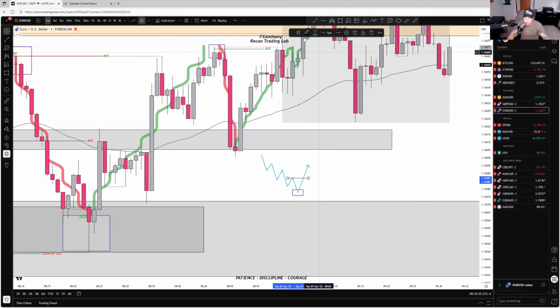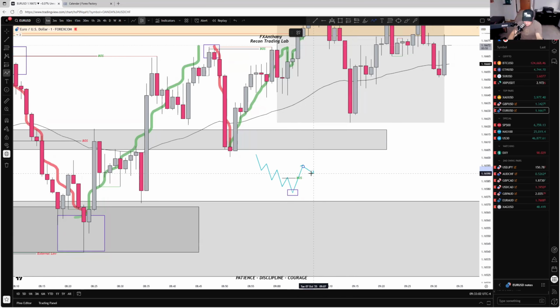And at this point, the 1 minute goes back bullish. And then you can either take it as soon as that candle closes and shows indication that buyers are in control, or you can wait patiently for the little bit of a pullback that it might have to then have the continuation.